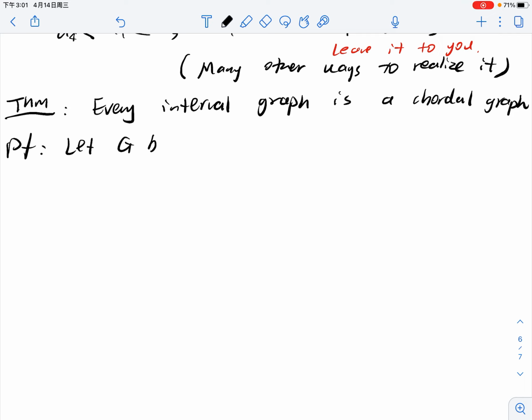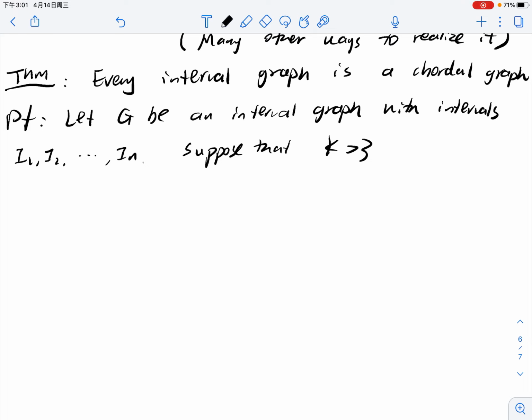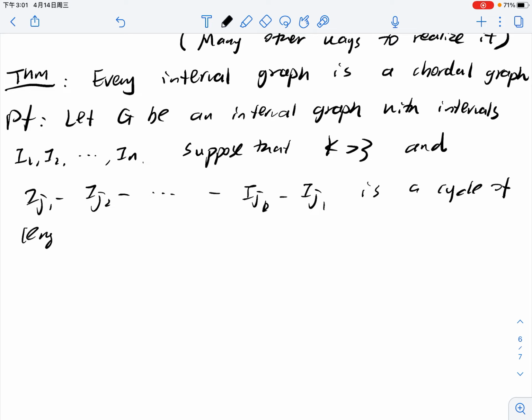Let G be an interval graph with intervals I1, I2, up to In, and suppose that k is strictly greater than 3, and Ij1, Ij2, up to Ijk, Ij1 is a cycle of length k.